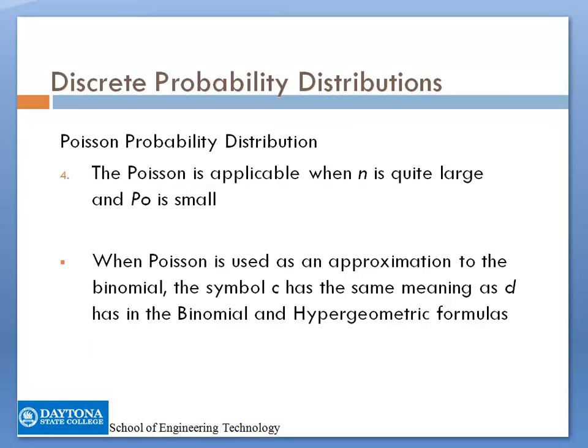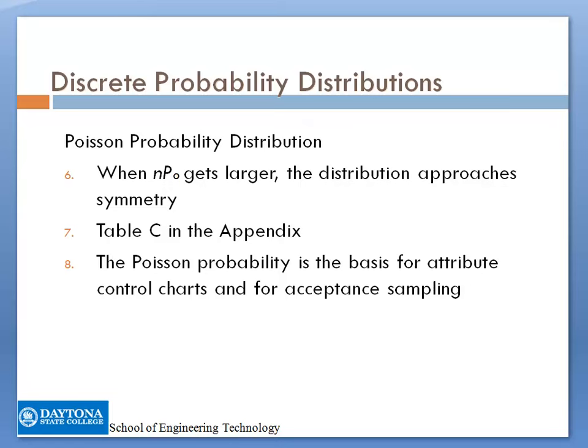Now, when the Poisson is used as an approximation to the binomial, the symbol C has the same meaning as the D has in the binomial and in the hypergeometric formula, which is the count or number of events of a given classification occurring in a sample, such as the count of nonconformities, for example, cars, customers, machine breakdowns, etc. Now, when n times P sub O, which is the average count or the average number of events of a given classification occurring in a sample, gets larger, the distribution approaches symmetry.